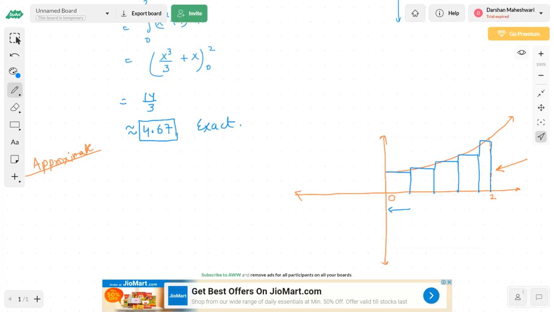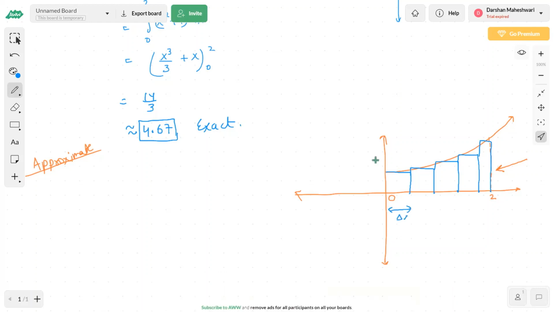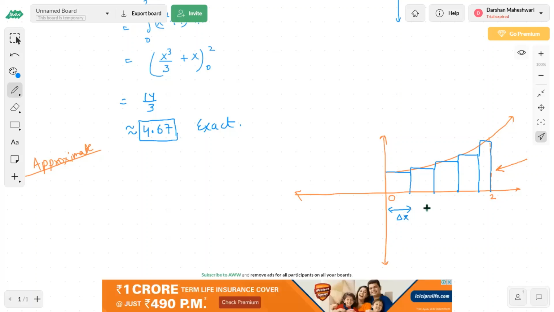Obviously, each rectangle will have some breadth or width, it will be delta x. And the height of any rectangle, let's suppose this rectangle over here, its height is actually the functional value at that particular point of x, given that this figure is y = f(x). So height is f(x), and the width of every rectangle we keep the same, which is delta x.